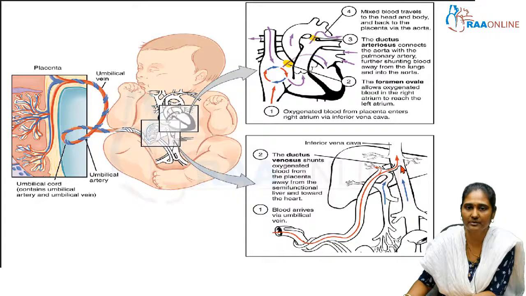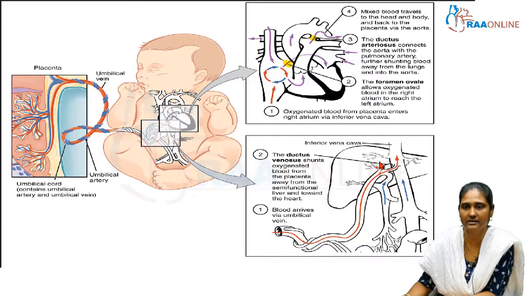So through the ductus venosus, the major part of the placental blood from the umbilical vein reaches the IVC. The ductus venosus shunts the oxygenated blood from the placenta away from the liver and towards the heart. So this happens at the first level. Even though the placenta plays the role of the lungs inside the fetus, it is not as efficient at gaseous exchange as the lungs.